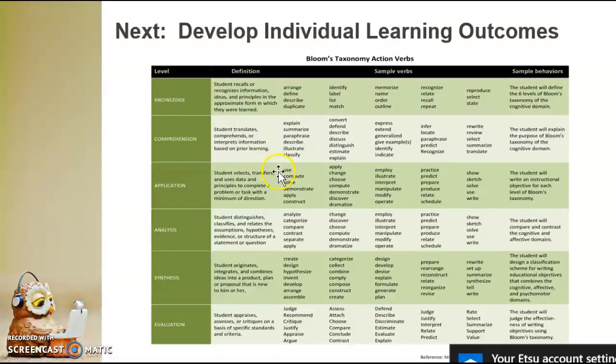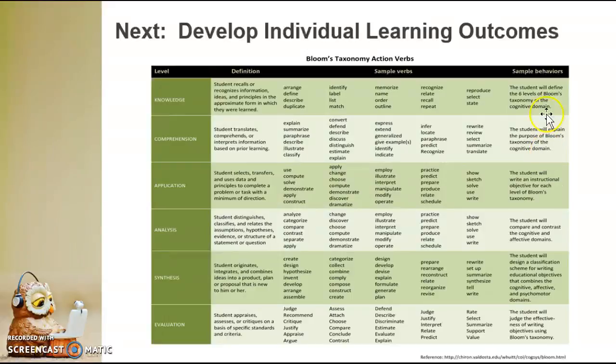And as you can see from that definition, then you see a whole bunch of categories of sample verbs that can be used to write the verbs in your learning objective. And then this is an example that someone has done to the far right that says the student will define the 6 levels of Bloom's taxonomy of the cognitive domain.